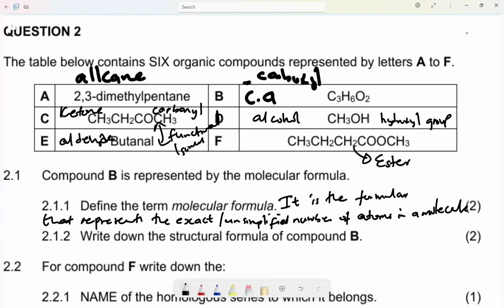Okay, it is a formula that shows the exact number of atoms in a molecule. Or you can use the definition, I don't know.